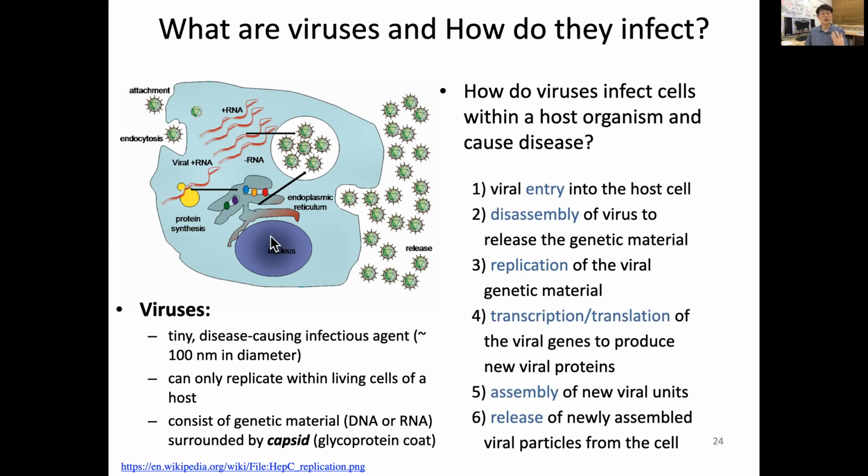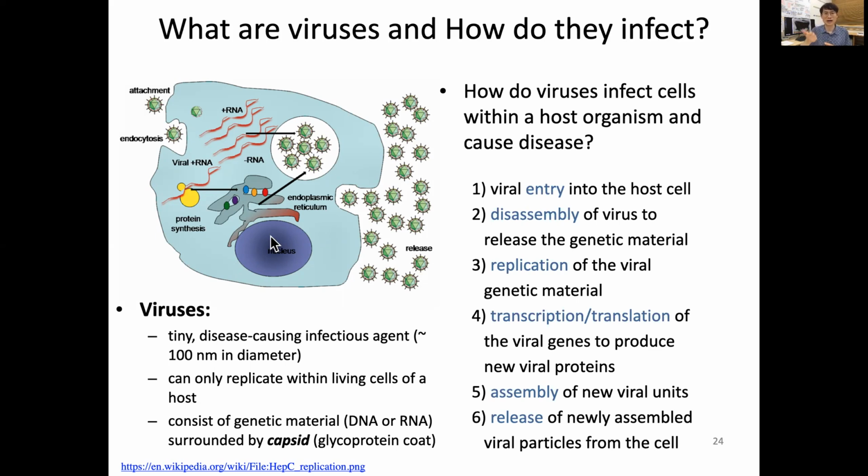And that requires converting RNA to DNA, which is counterintuitive because, from the central dogma of molecular biology, we know that information always goes from DNA to RNA to protein. Now we are talking about this. Actually, this discovery happened with the HIV virus.